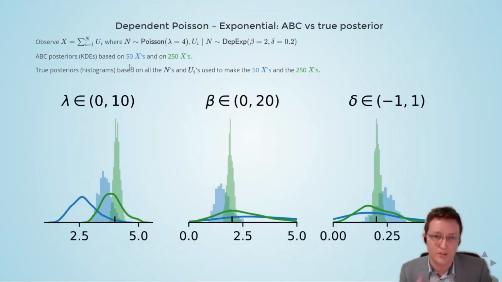Because we're not observing the whole data, we're just seeing the sum of the claims. This is where the main difficulty of our problem comes in. If we had the whole data, all the claim sizes, all the claim counts, we would just use Markov chain Monte Carlo and get these more peaked histograms here, which is sort of the true posterior. But even though we're not seeing the whole data, we're still getting quite close, which is quite positive.